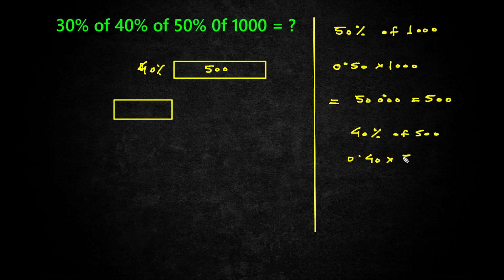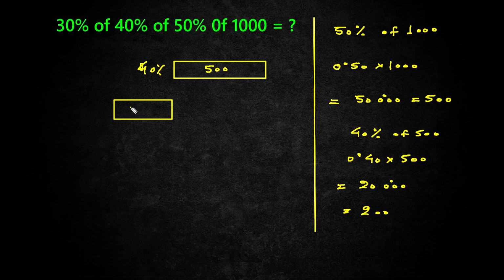Let's use the decimals. That's the way 90% of the school teachers teach. Convert 50% is 0.50, convert 40% is 0.40. So 5 times 4 is 20, and we have to copy the 3 zeros, which is 20,000, but the decimal is after 2 digits, so the final answer is 200.